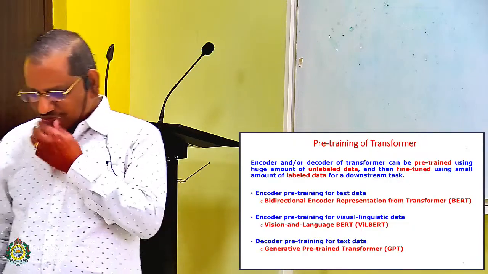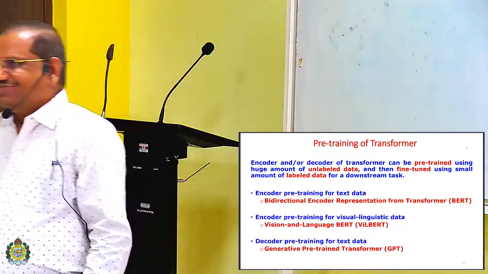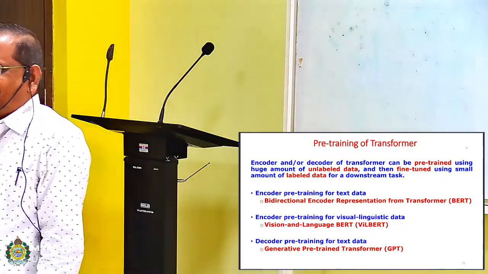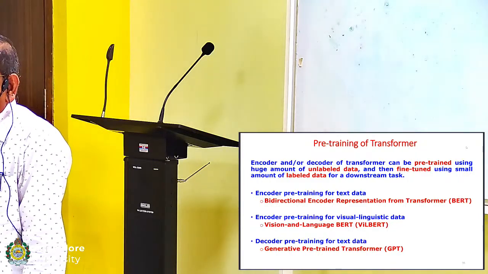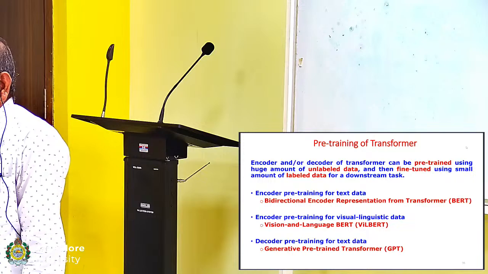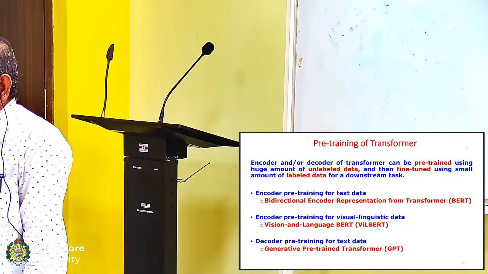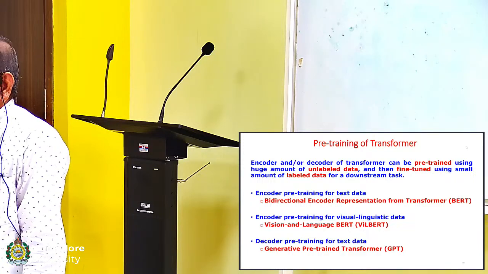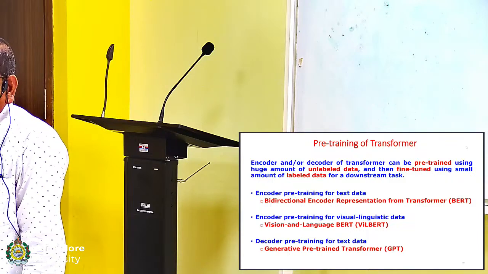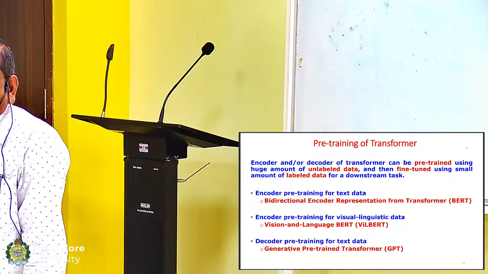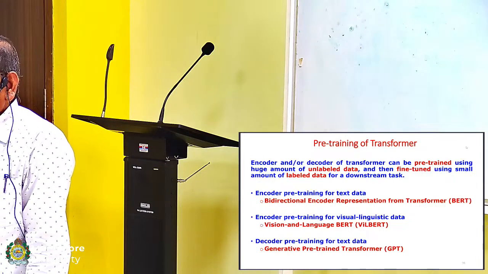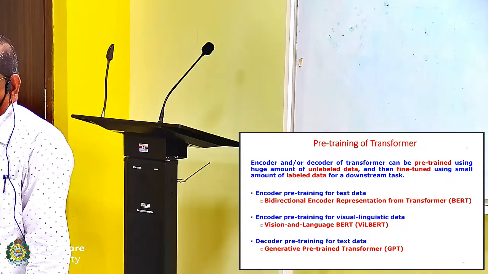Okay. Now we come back to our original problem that we had, right? So all training of these transformer models has to be done in a supervised manner, right? Why? Because if you are talking about the machine translation task, you must have the source language sentence and the corresponding target language sentence.